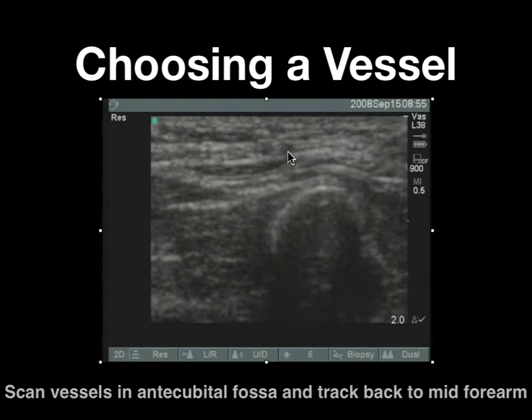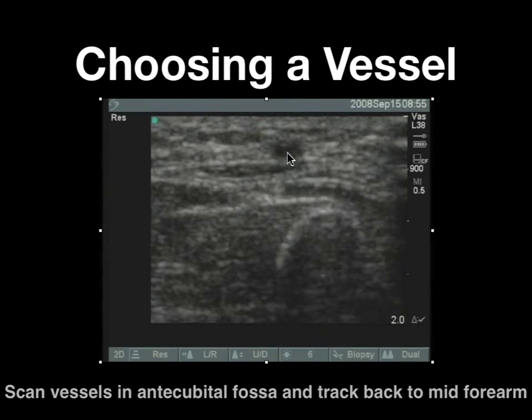and so this is a target vessel that I went after, and this could be approached in either an in-plane or out-of-plane technique. Even if you needed this for a CTPE protocol, as long as you're between the mid-upper arm and the mid-forearm, you've got a good target for dye injection.